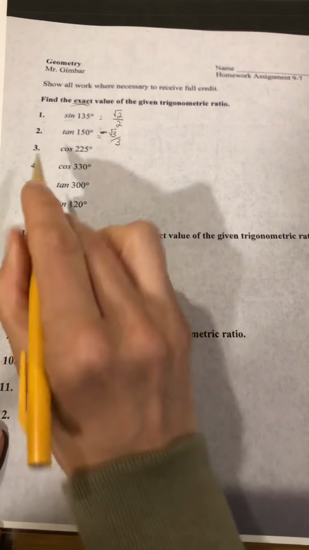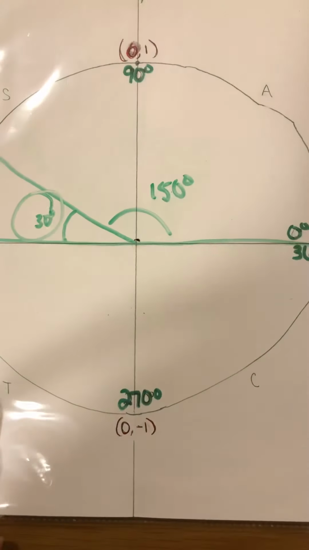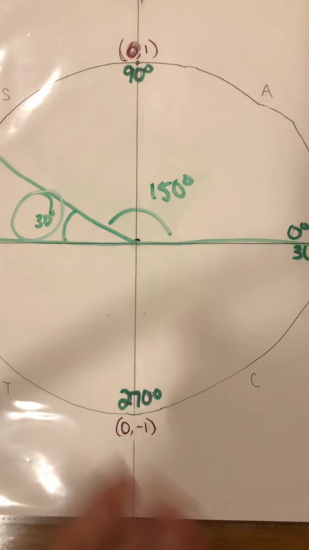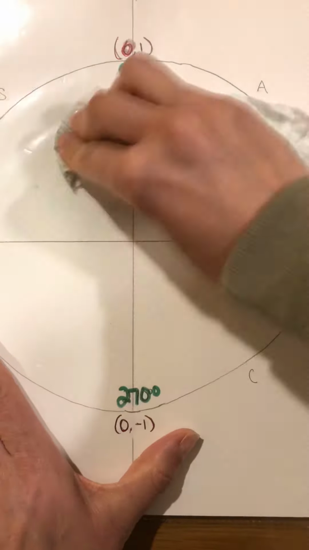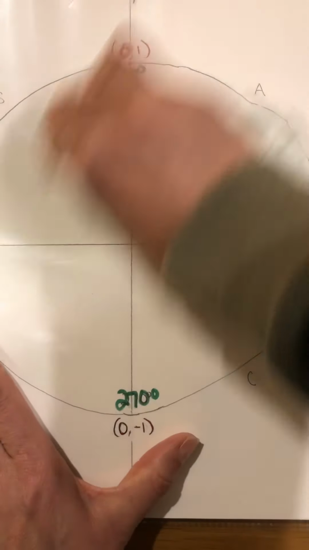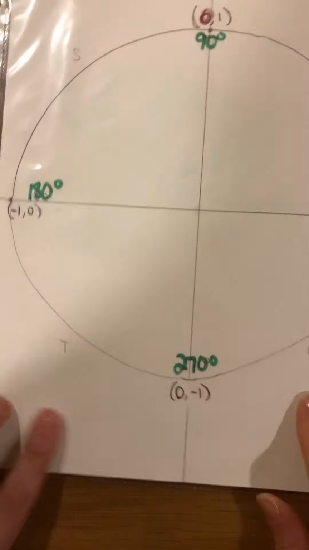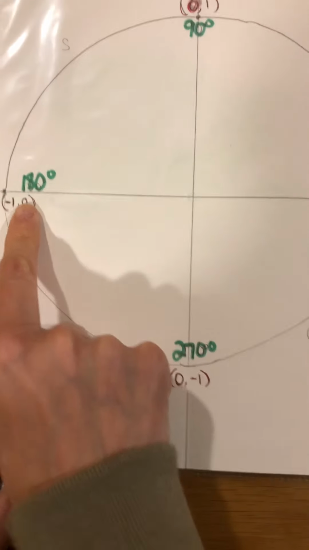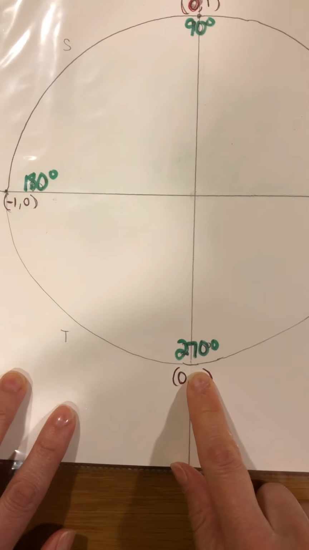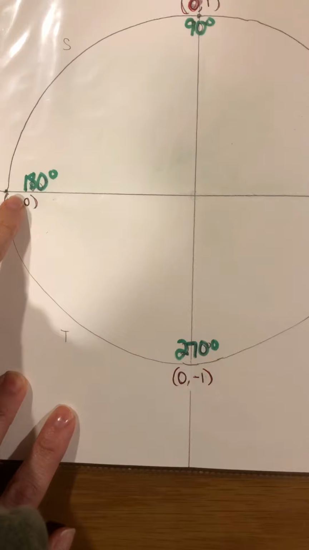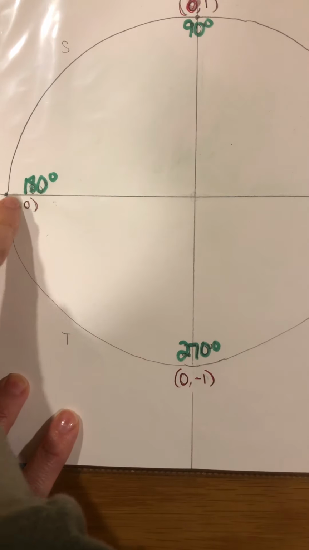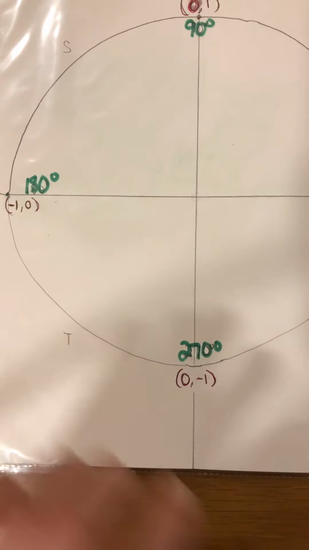All right, number 3, cosine of 225. Okay, so 225 is past 180, but not at 270. So 225 would be 45 degrees past 180.